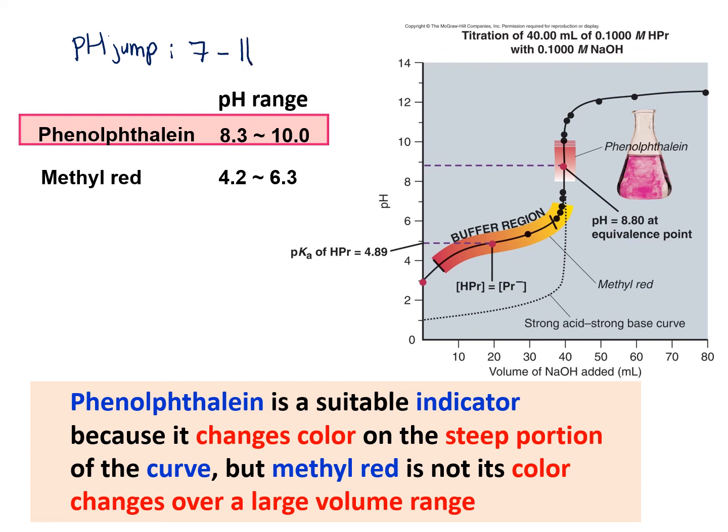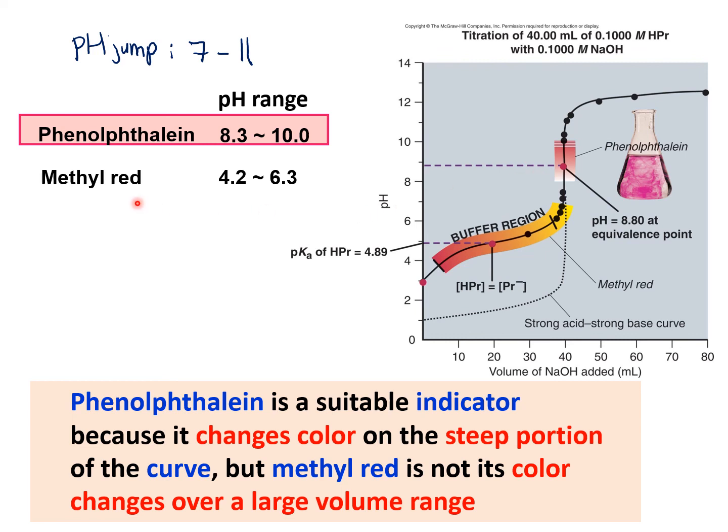Jadi, since the pH range untuk phenolphthalein is in between the pH jump 7 hingga 11, phenolphthalein is a suitable indicator for our weak acid and strong base.